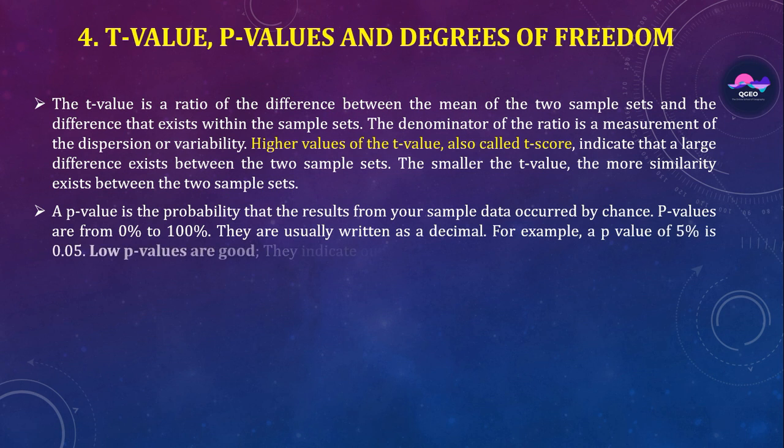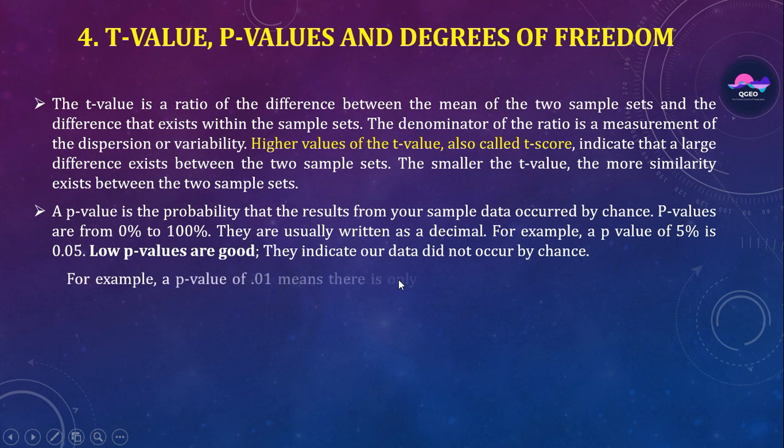A p-value is the probability that the results from your sample data occurred by chance. P-values are from 0% to 100%. They are usually written as a decimal. For example, a p-value of 5% is 0.05. Lower p-values are good. They indicate our data did not occur by chance.